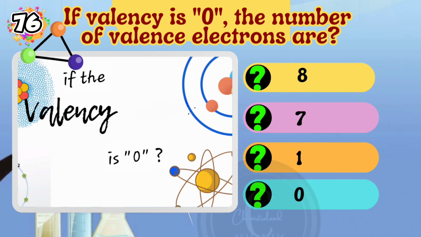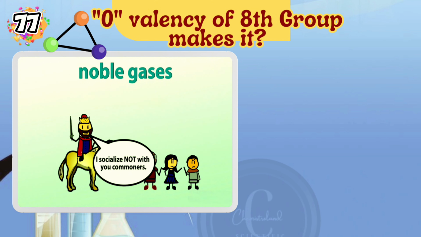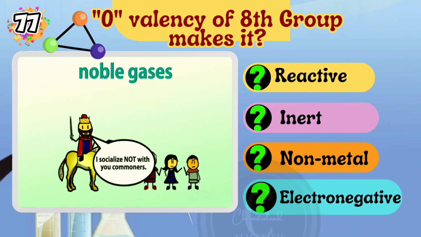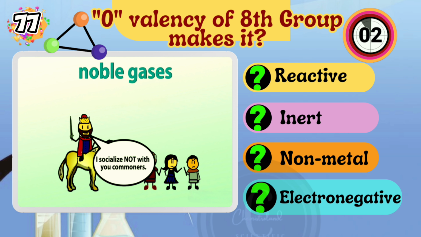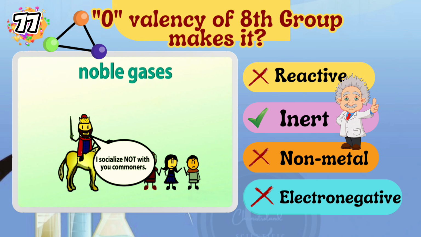If the valency is 0, the number of valence electrons are eight valence electrons. The 0 valency of 8th group makes them inert.